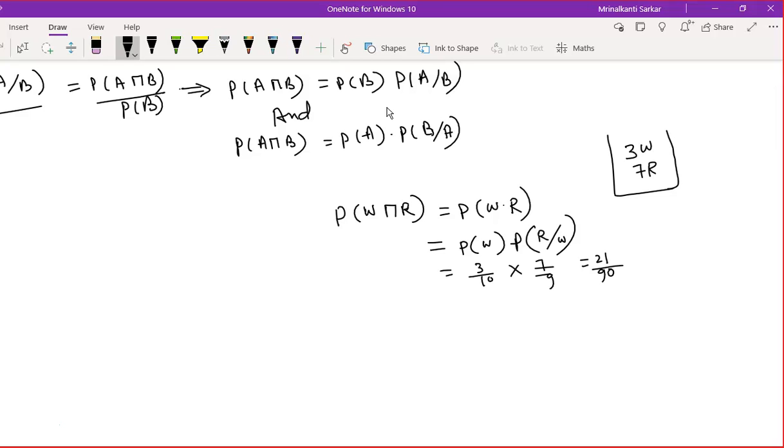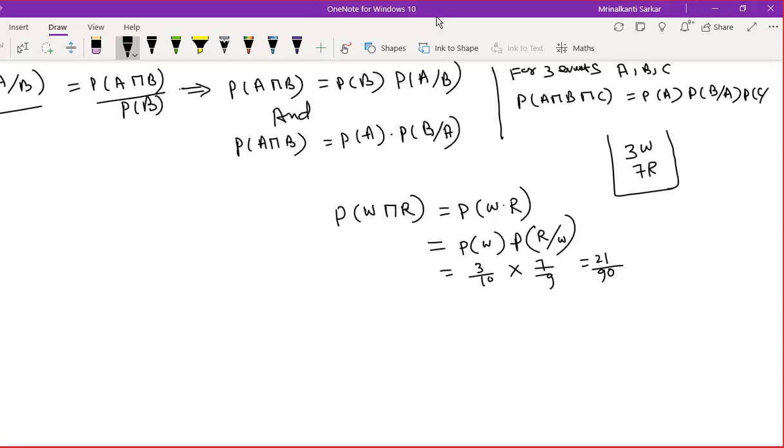And in this case we can extend it to 3 events also. For 3 events A, B and C, if you want to find P(A intersection B intersection C), this will be P(A), P(B by A), P(C by A intersection B).